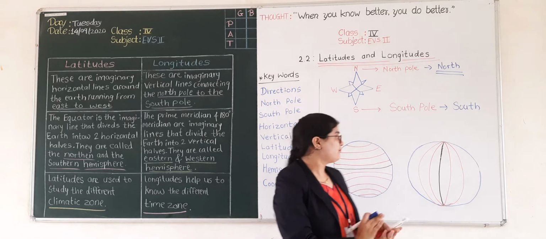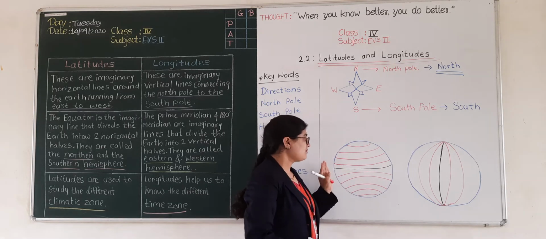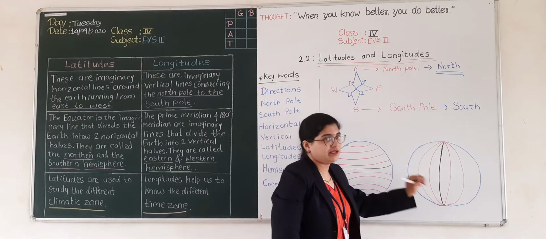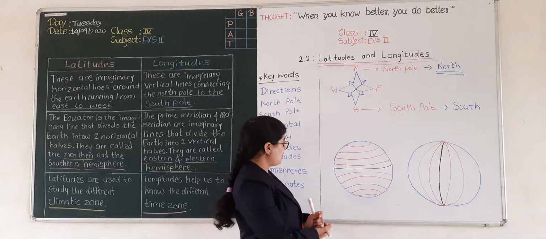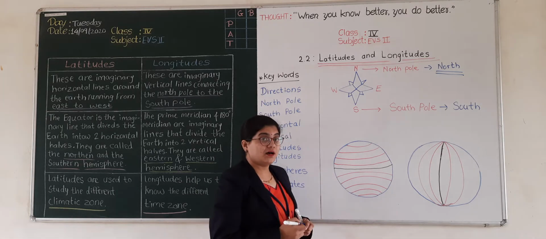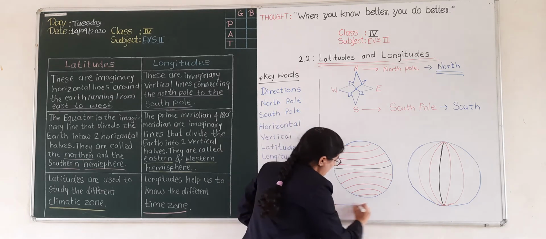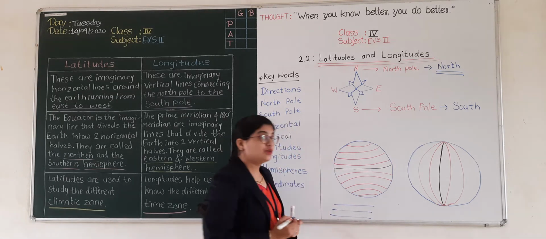So here you can see I have drawn some lines here also and here also. Here I have drawn some horizontal lines. Do you know?